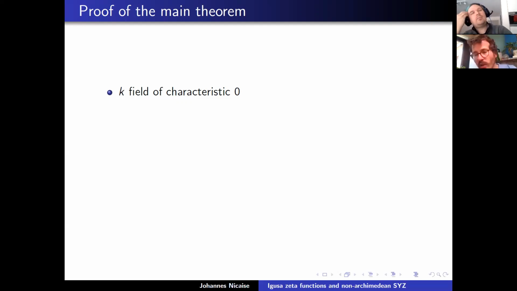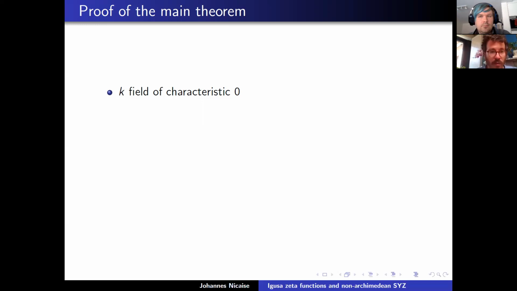So this part of the talk will be more technical than the first part, because we will actually start using some serious MMP stuff. But I'll try to explain the intuition behind the steps as best as I can. So we're going to prove a result which is a little bit more general than the main theorem that I formulated before.